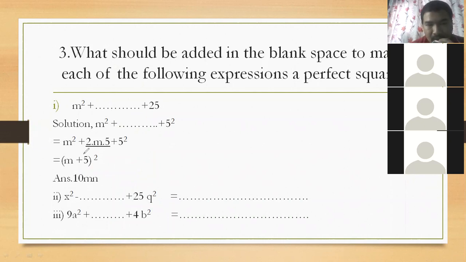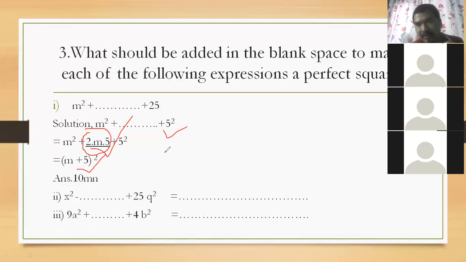M square. What is b square? 5 square. What will you fill in the middle? 2ab. 2 into m into 5. Good. What will be their product? That's why it will be a whole square, complete square. What did we fill there?